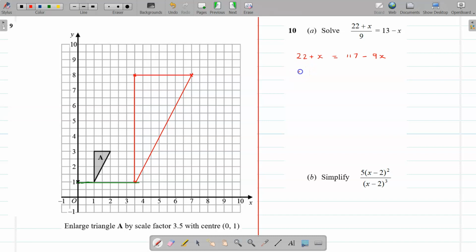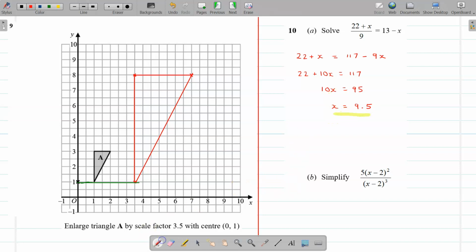I've got 22 plus 10x equals 117. Okay, subtract 22 and I've got 10x equals 95, and therefore x is 9.5. I could have done those two steps in one, but you need to put some working in. Don't just go straight to the answer.